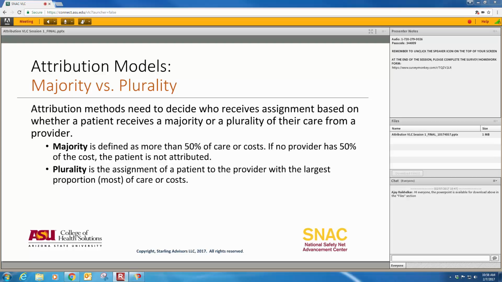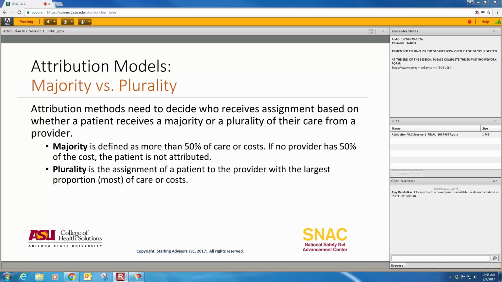That's typically used when assigning to a health system that provides a broad spectrum of services. And we can say, okay, if more than 50% of a patient's care is provided at a particular health system, then clearly that health system has the biggest opportunity to work on cost and quality for that patient.